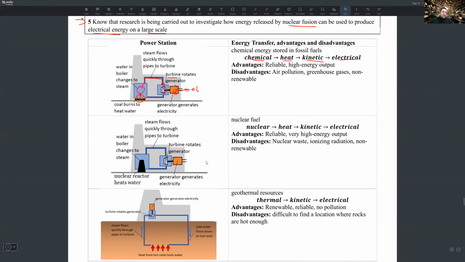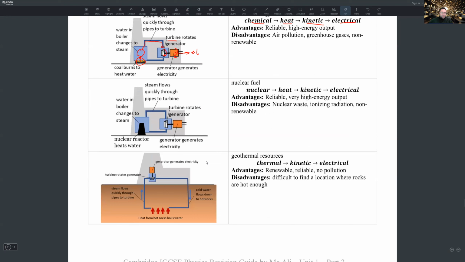Nuclear fuel uses a very similar thing. In nuclear, we take a nuclear reactor where nuclear fission happens. What is nuclear fission? What is nuclear fission? When we take a nucleus and we break it.